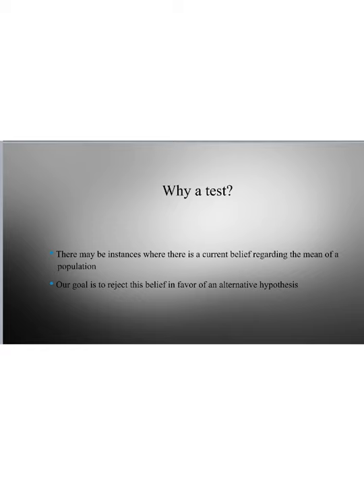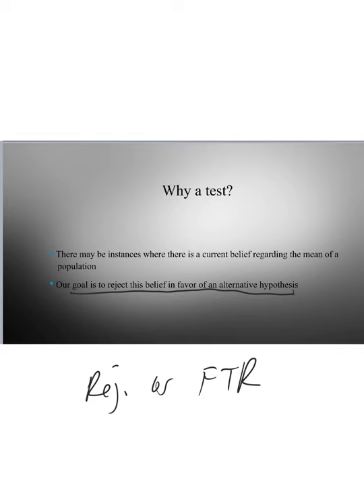Ultimately, our goal is to reject the null hypothesis. When we look at this evidence, we either reject or we fail to reject. Fail to reject just means we didn't have enough evidence to disprove the original claim. We're not saying the original claim is exactly right.